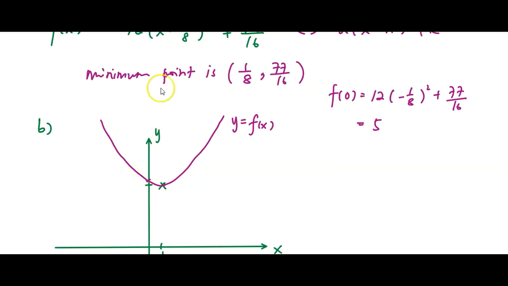This value, I should put it as 77/16. And here, when x equals 0, meaning at the y-intercept, the y is actually 5. The y-intercept is at (0, 5). So the minimum point has y of 77/16. That will be 4.8 something. Yeah, it's very close to 5. This is our y equals f(x).